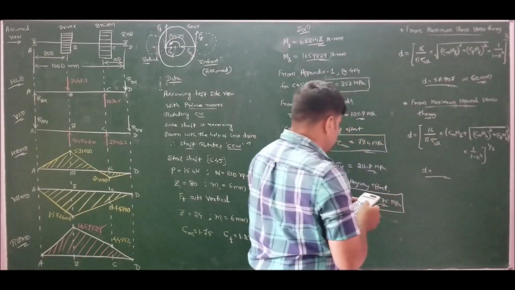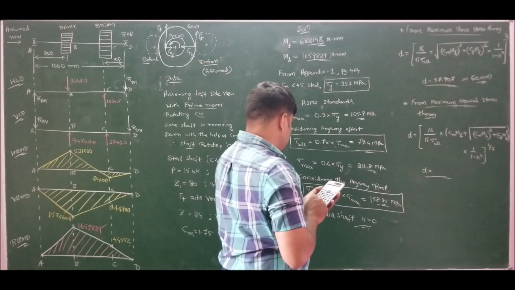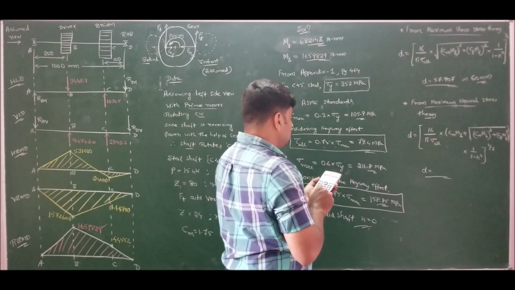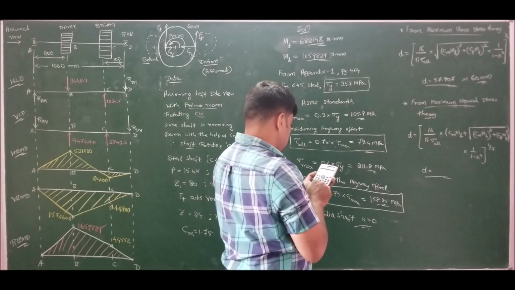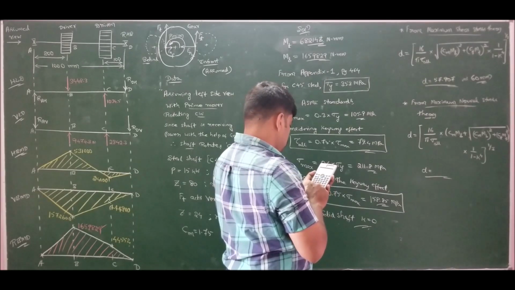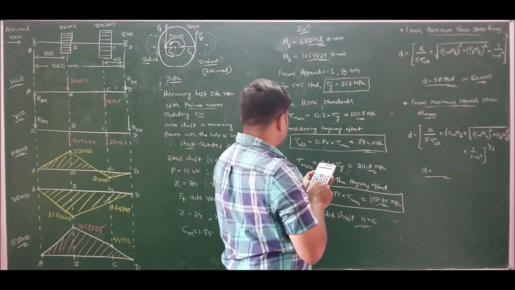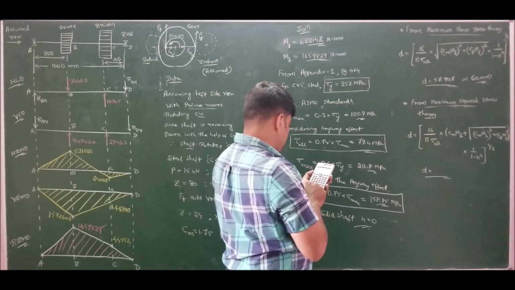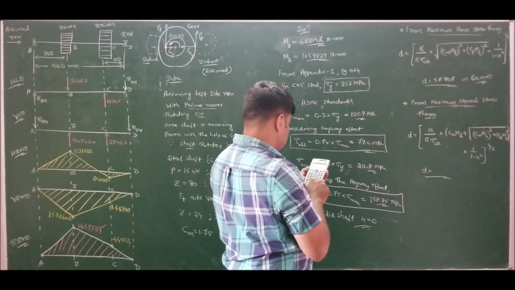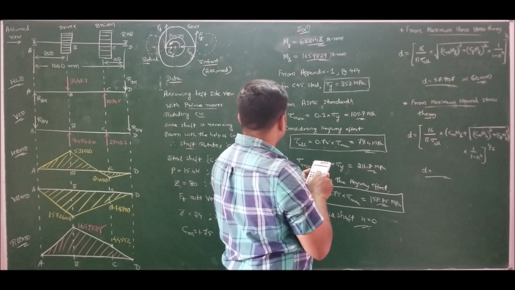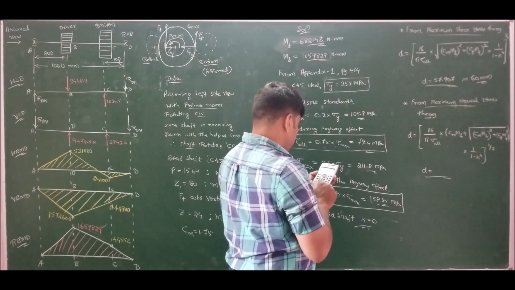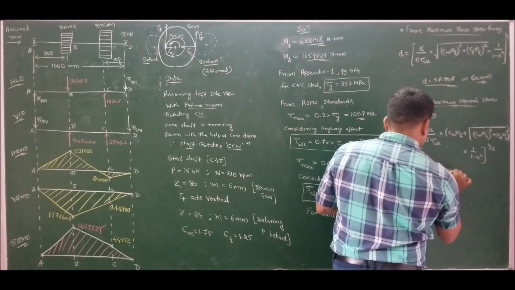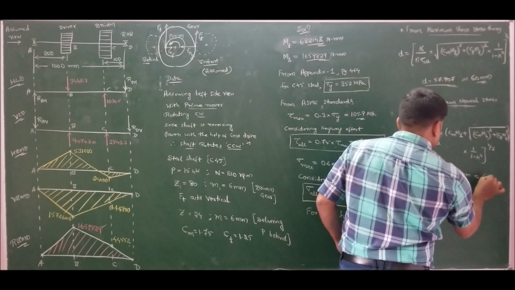So the diameter will become 16 by pi into sigma allowable 158.85 into 1.75 into Mb, which is 1659829, plus root of (1.75 into 1659829) square plus (1.25 into 682143) square, to the power of 1/3, which is 57.507, nearly equal to 60 mm.